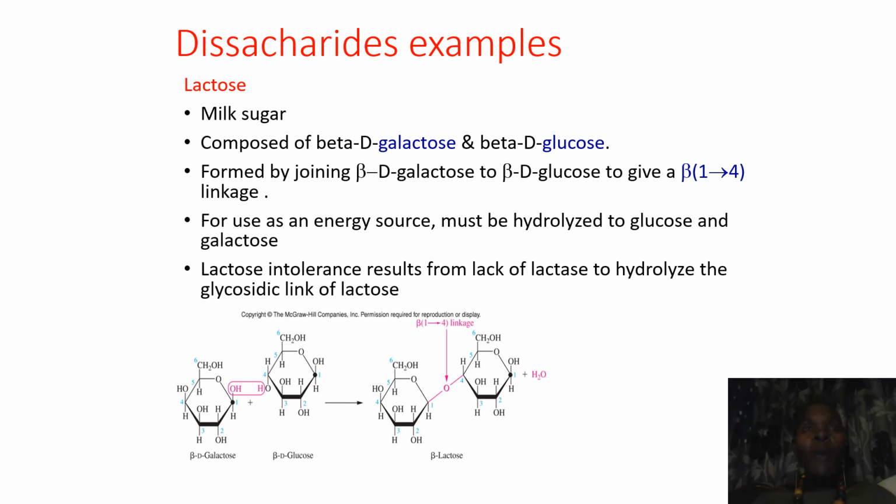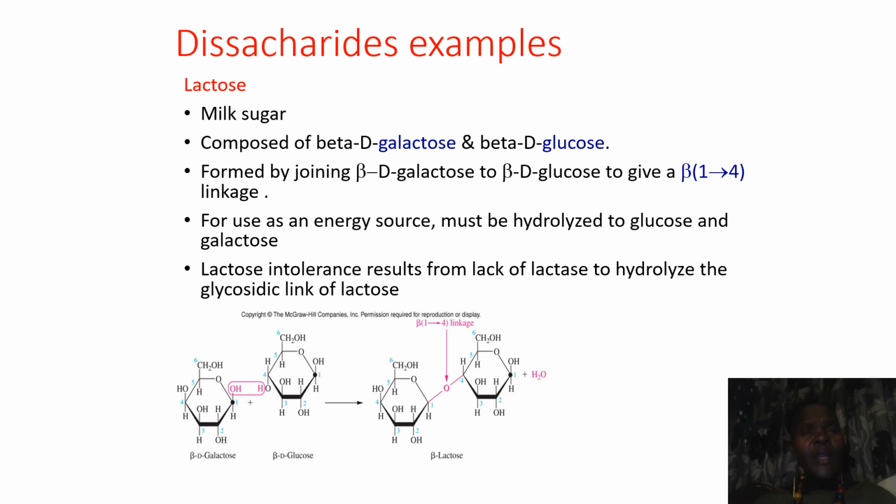In rare cases, people have lactose intolerance, which means they can't digest lactose. Definitely we talk about the lactase as an enzyme in the small intestine being missing or defective.